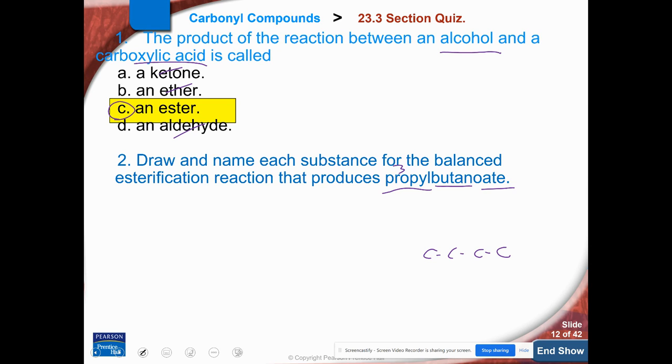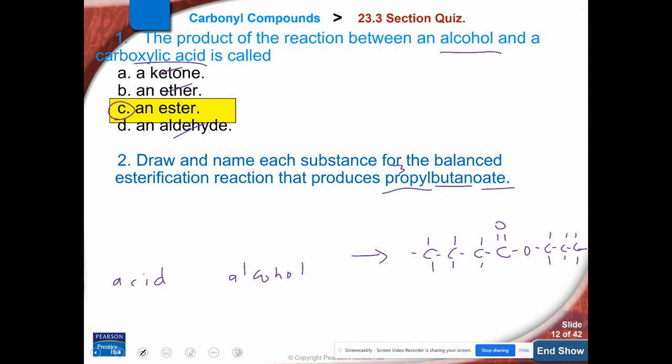And now I have the 3-carbon branch. I have my ester functional group, and then a 3-carbon branch. 1, 2, 3. And so now I'm going to make sure I have all of my hydrogens. Oops, get that one on the end. Okay, so now I have an acid and I need an alcohol.